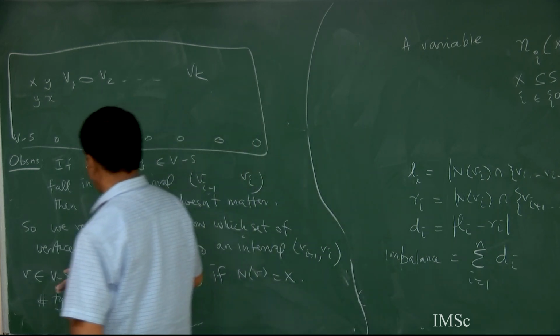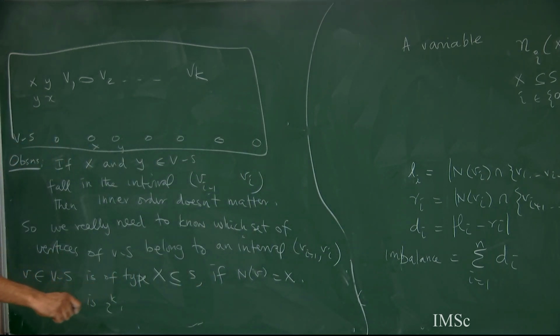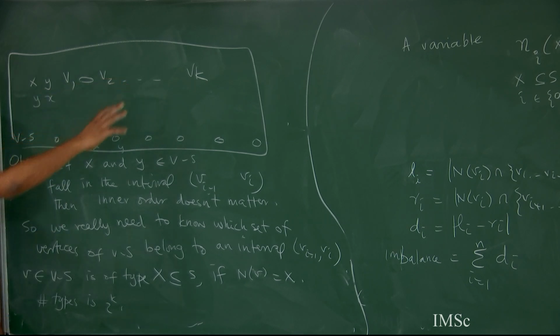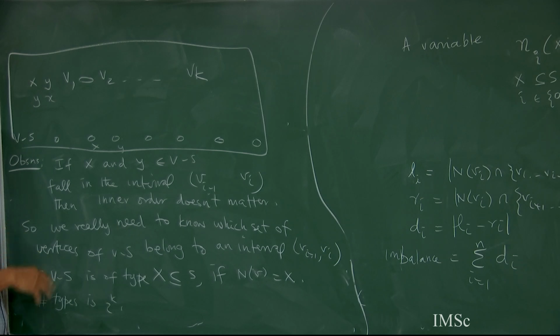So, the final order, I am just saying that this is an optimal order. The final ordering of the entire vertex set can be characterized by, for each type of vertices, how many belong to a particular interval. If you tell me that, that's good enough, because I don't care which of those vertices go here. I just pick some of them and put them.